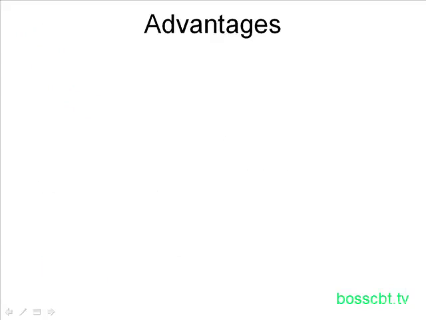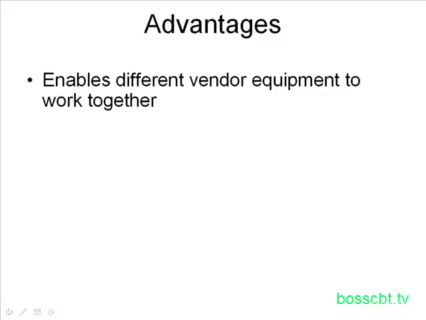And finally, why do we need this model? Why do we need to know about the different layers? Well, there are many advantages to using a model like this. First, it allows different vendors who make the same type of equipment, so different types of routers from different vendors, say Cisco and Juniper, to make devices that will work together because they're following the same blueprint. And that's really important.